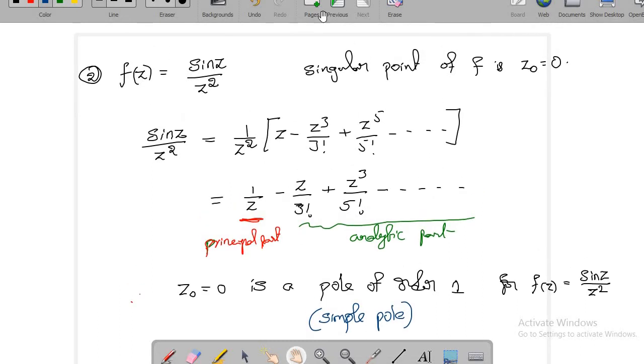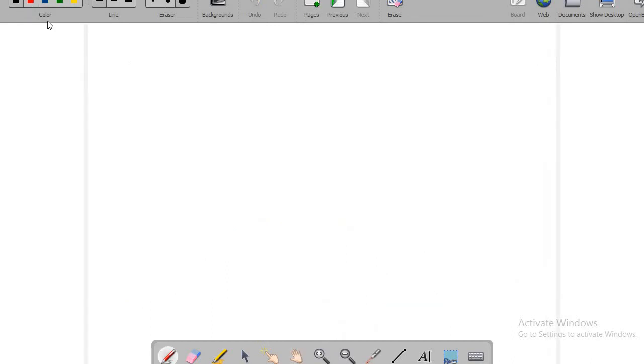Okay. Now with the help of the previous two examples, can you tell me what type of singularity sin z by z power 10 has? Be careful. So now I know z equal to 0 is a singular point.